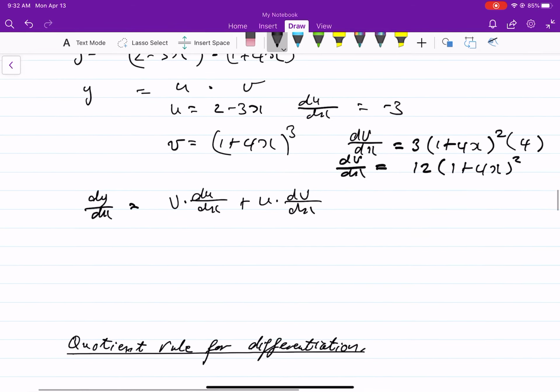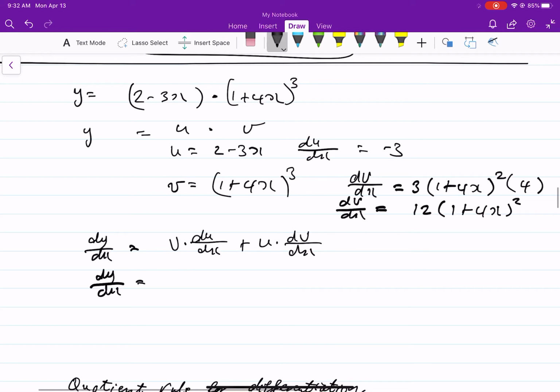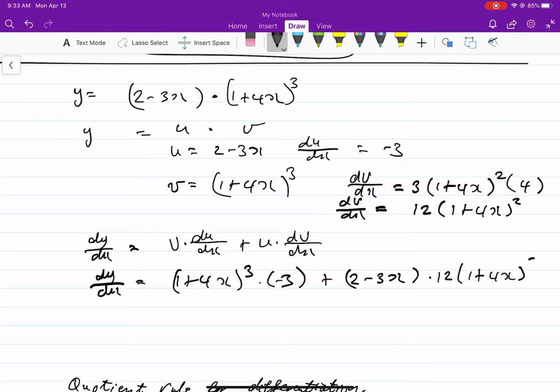The result, dy dx is equal to v times du dx plus u times dv dx. Let's plug them all in. dy dx is equal to v, which is 1 plus 4x all cubed, times du dx, which is negative 3, plus u, 2 minus 3x, times dv dx, which is 12 times 1 plus 4x all squared.